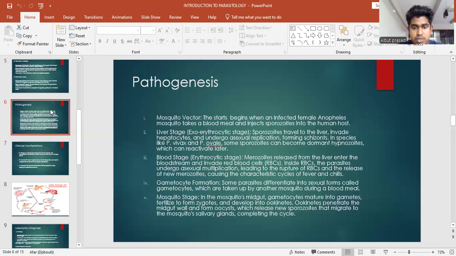The gametocytes are taken up by the mosquito, and then in the mosquito's midgut, or intestine, gametocytes mature into gametes, fertilize to form zygotes, and develop into ookinetes. Ookinetes penetrate the midgut wall and form oocysts. These oocysts release new sporozoites, which migrate to the mosquito's salivary glands, completing the cycle, and the cycle will start once again.